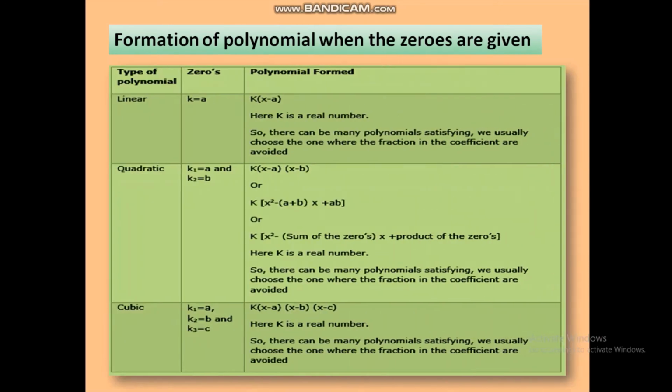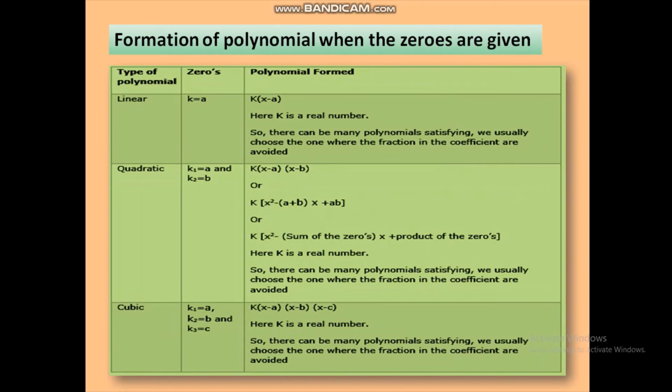Moving ahead, here we have the formation of polynomial when the zeros are given. So here is the illustration for this topic. If we talk about linear polynomial and we are given the zero of polynomial k is equal to a.